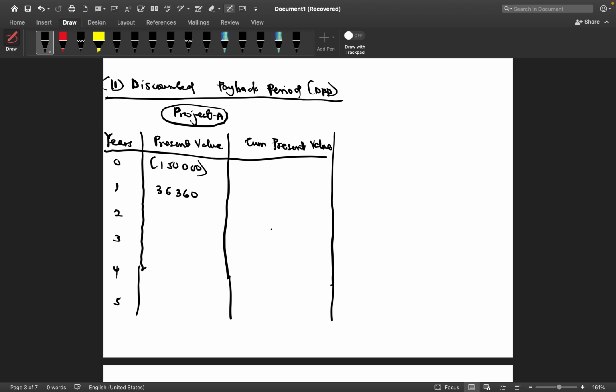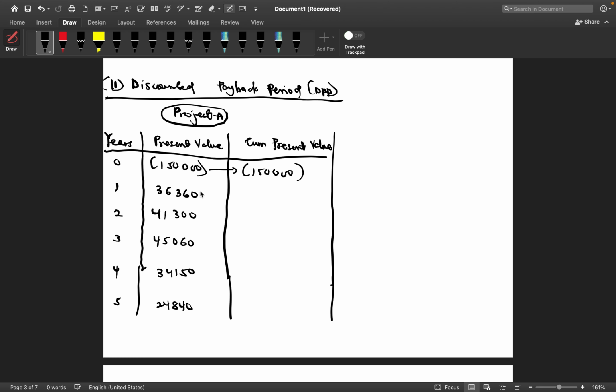So 36,360, then 41,300, the next one is 45,060, the next one is 34,150, the next one is 24,940. So the same format we use in solving the payback: the numbers here, move them here. So have 150,000, maintain this on the calculator.